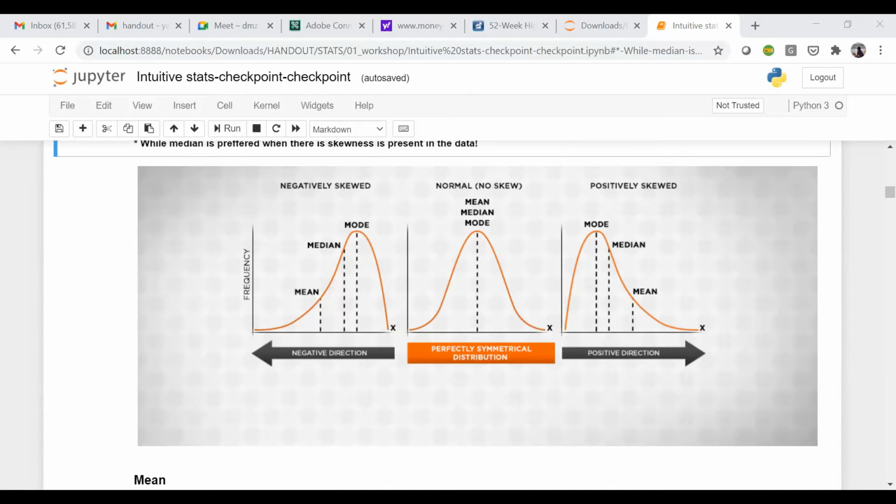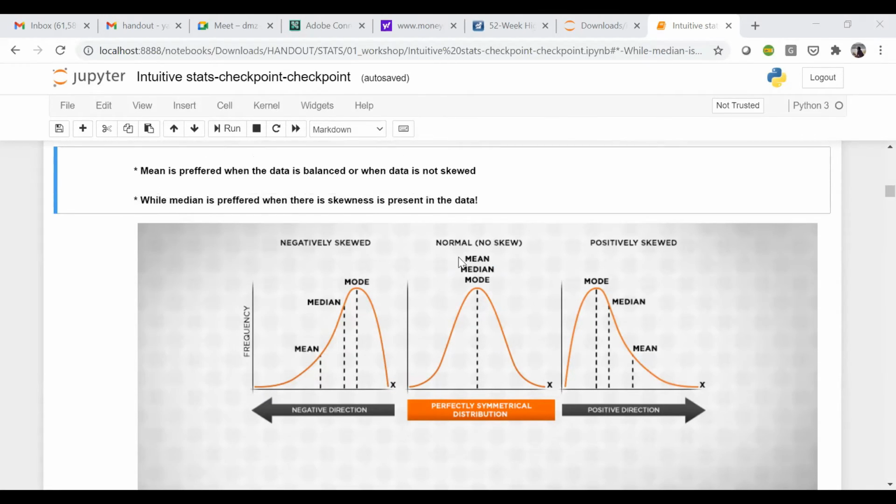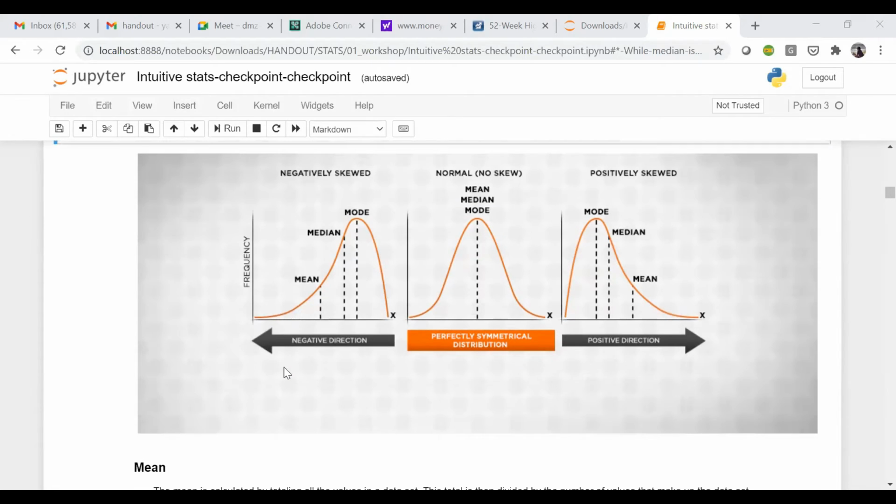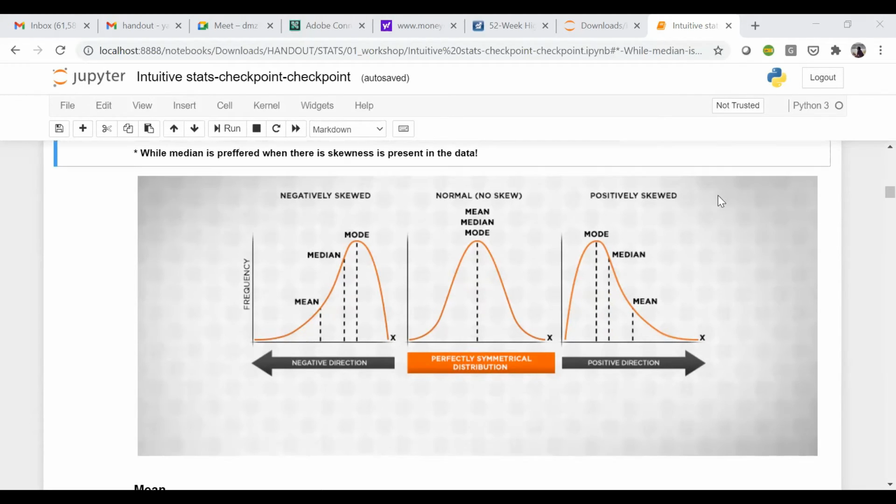So in this case, where I know that 9 people have age less than 10 and only one person has an age that is very huge, which basically means a skew, right? What does that skew mean? That very few people have a high age. Which graph will represent this example?